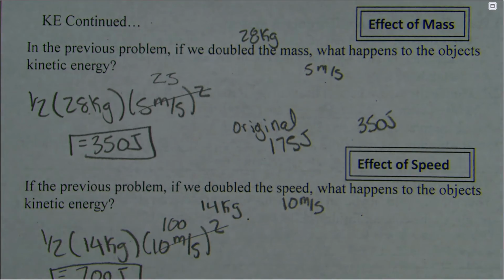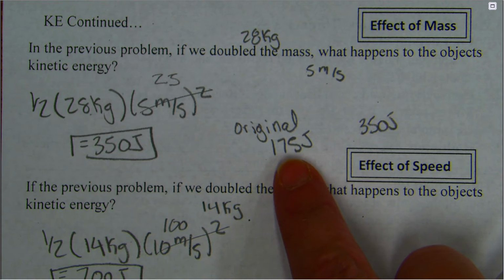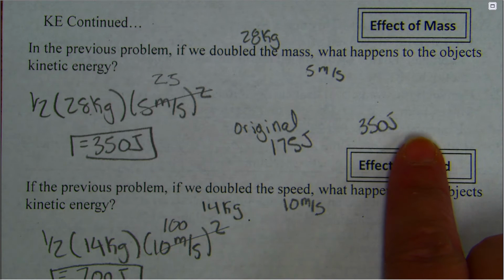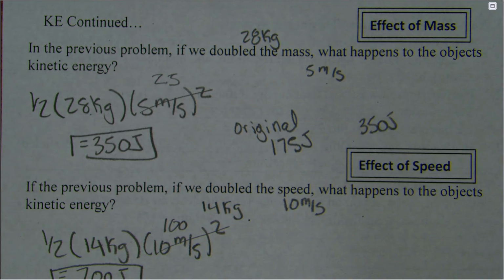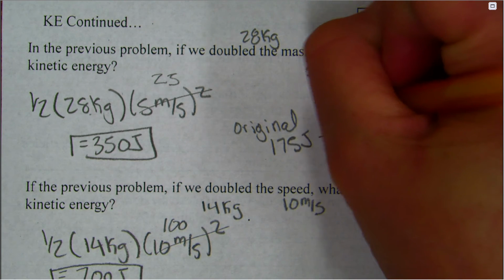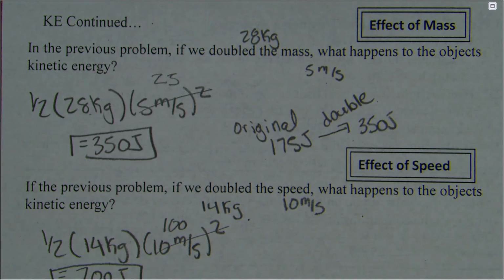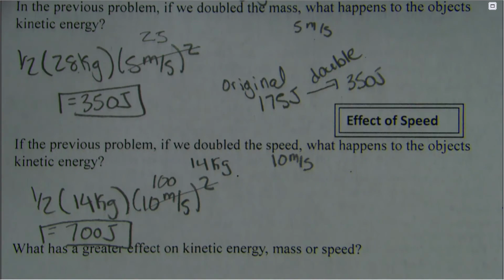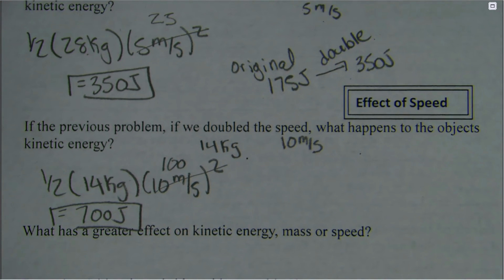So how did that change? What did I have to do to 175 in order to get to 350? I had to double it, correct? 175 times 2 is 350.